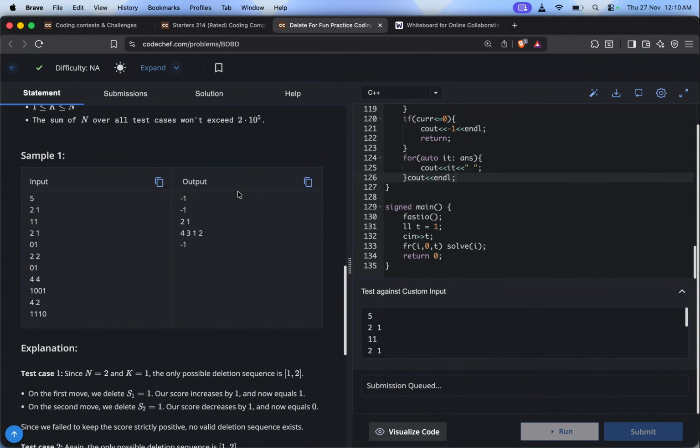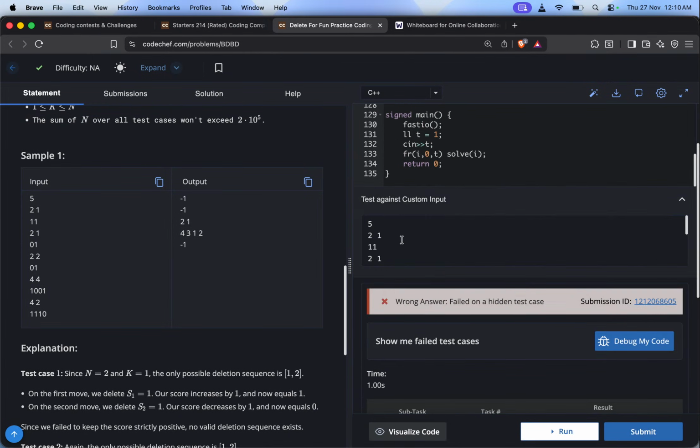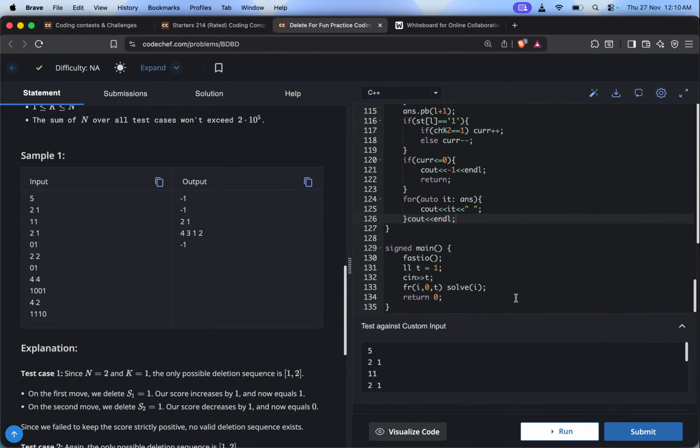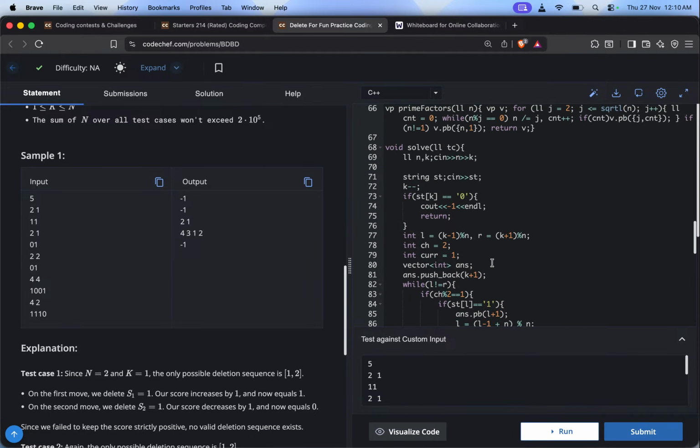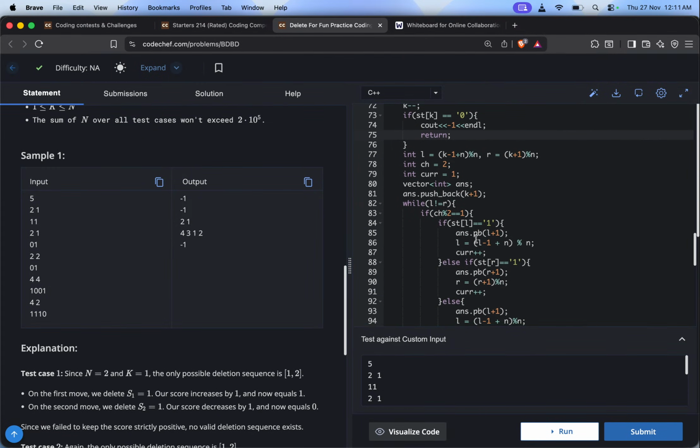Submit it. Okay, some issue. Let's debug it. k minus 1 plus n, because we are doing modulo subtraction.